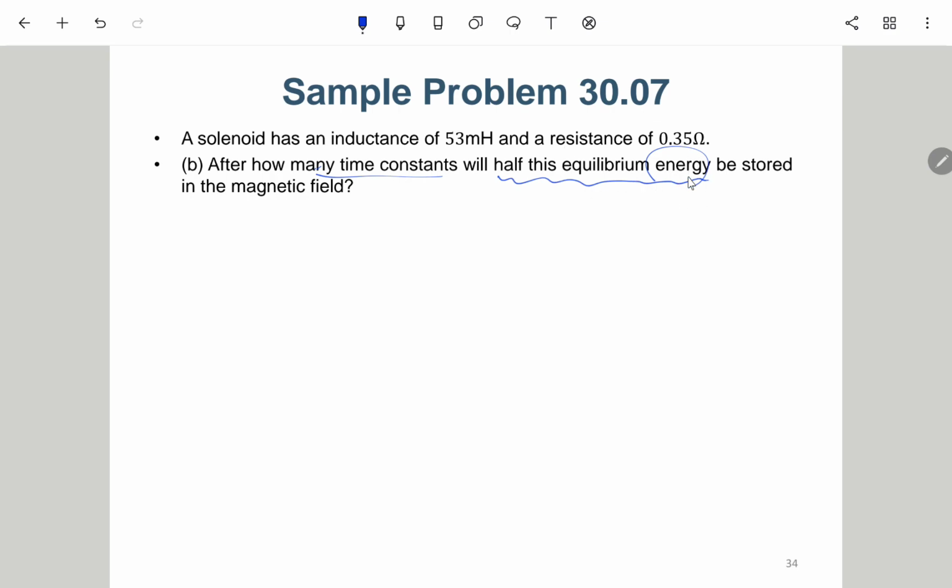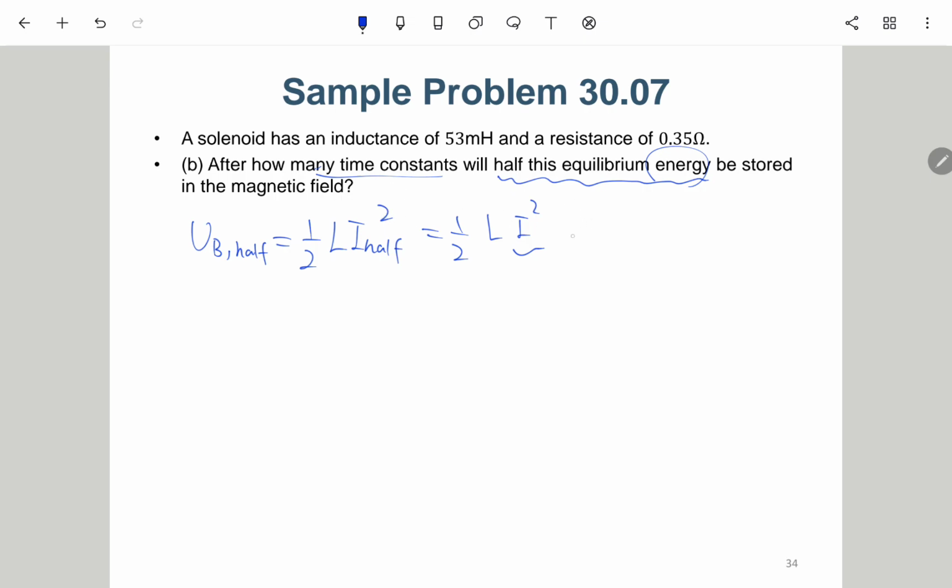But here you can notice that U_B half is 1/2 L I half squared, while the full energy should be 1/2 L I squared for the full current. So here we have a square.